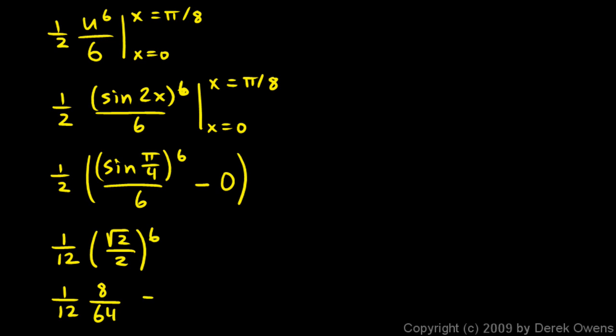So 1/12 times 8/64 comes out to 1/96. That's my answer: 1 over 96. Okay, now I'll do the same integration with the change of limits, and we'll see, of course, that we get the same answer, 1 over 96.